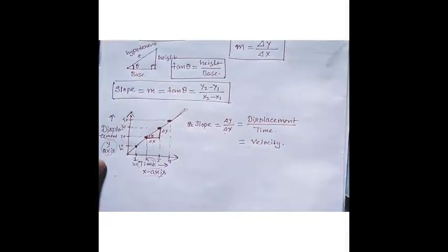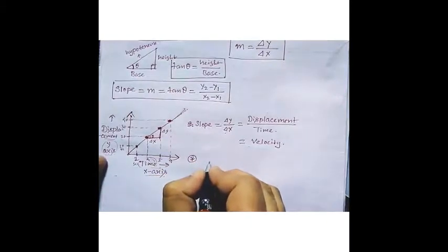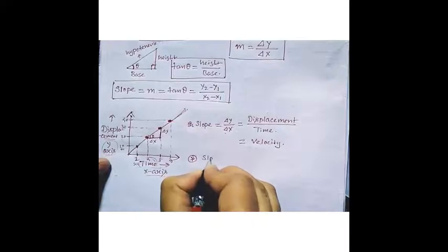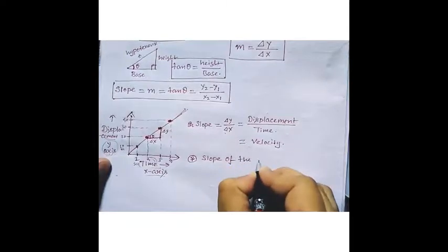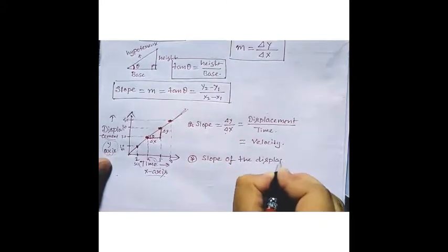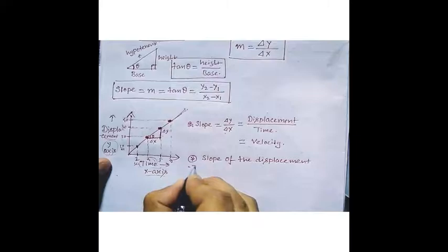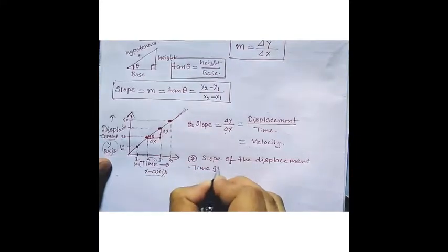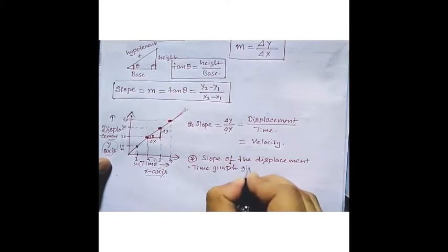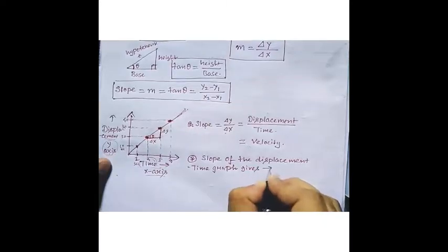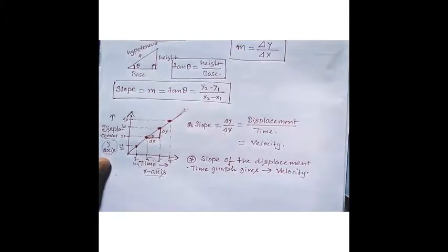So this is the reason why the slope of a displacement time graph gives or indicates velocity. I hope you will understand this.